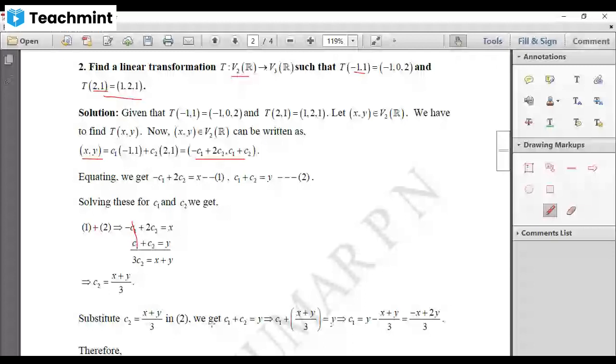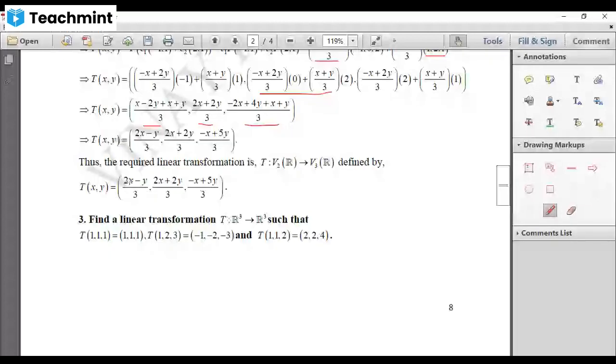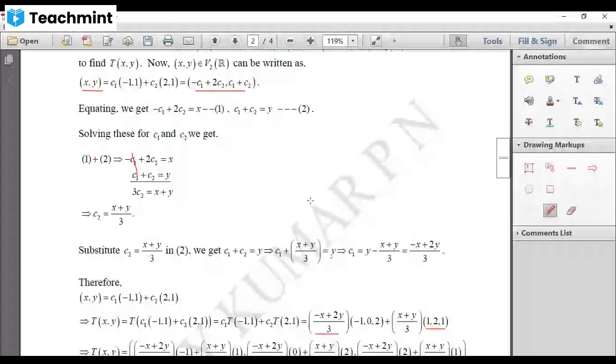How? See, let me give x equal to -1 and y equal to 1. Then you should get (-1, 0, 2) as the image. Let us see here. If you put x equal to -1, y equal to 1: 2 into -1 is -2, y is 1, so -2 -1 is -3. -3 by 3 is -1. That is what is given, -1.